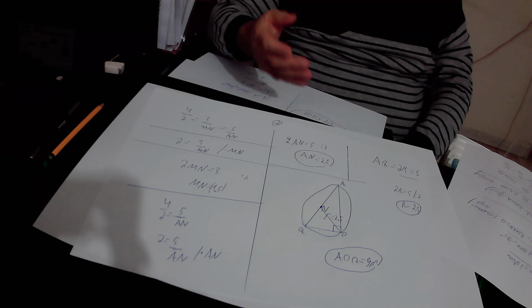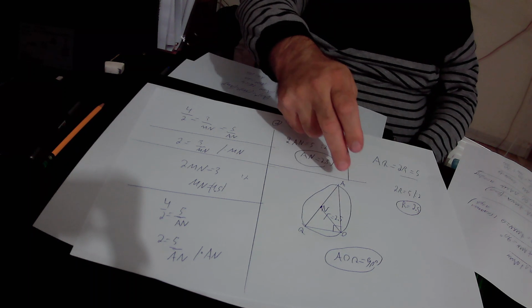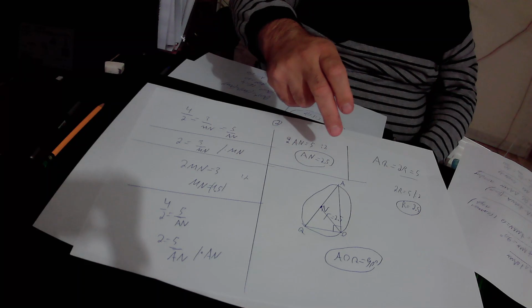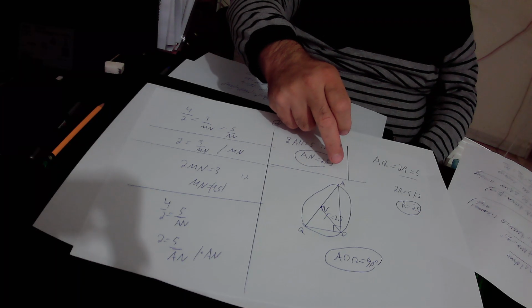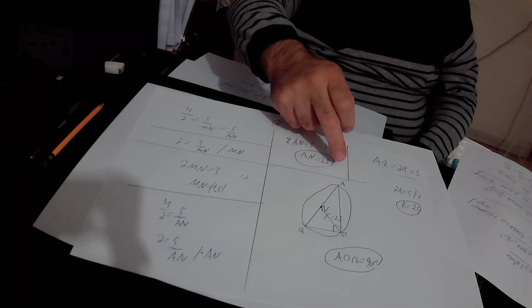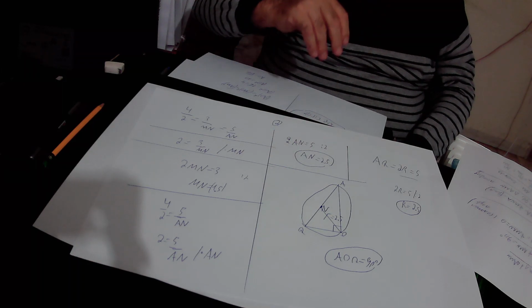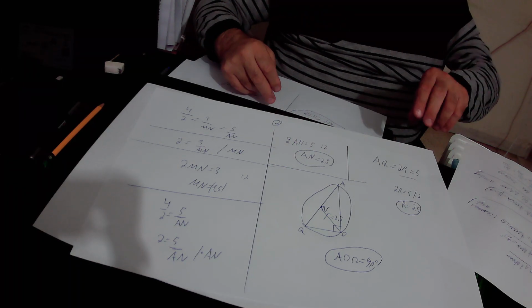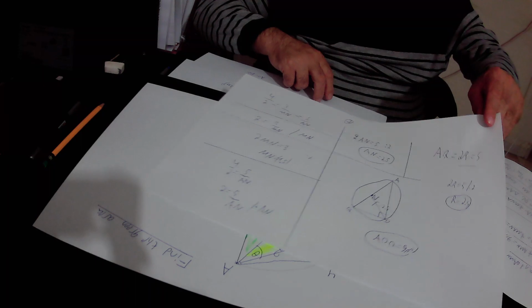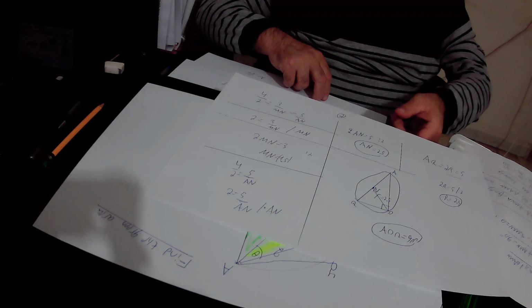So we found out that AQ is the diameter of the circle.